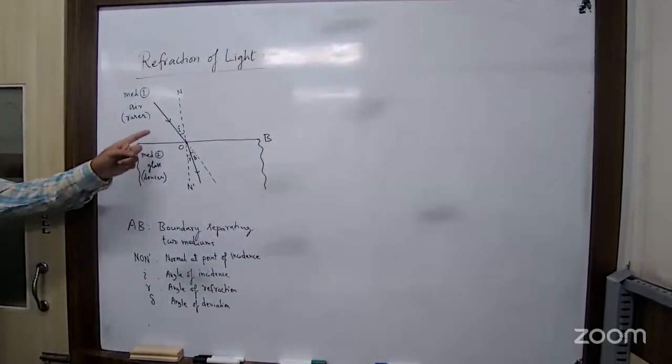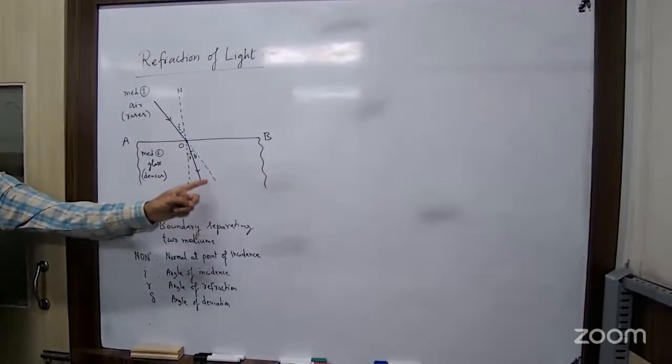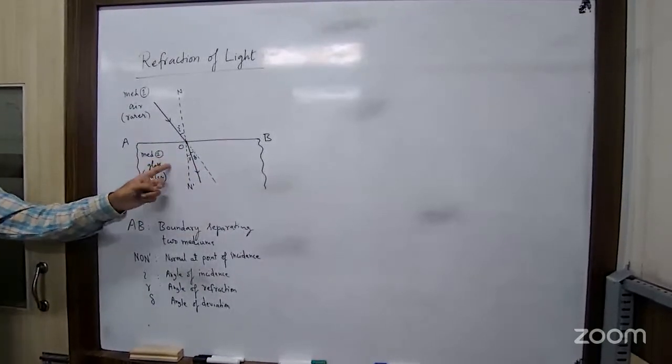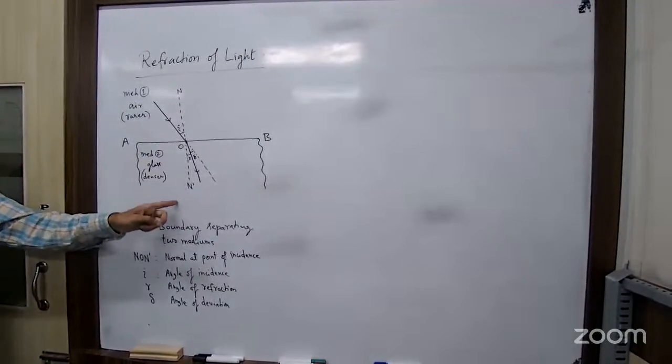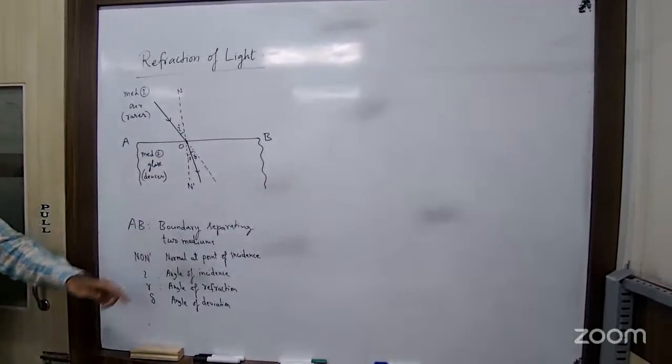You can see that the path of light is not in the original direction, but in the second medium the path has changed. This phenomenon is called refraction of light.